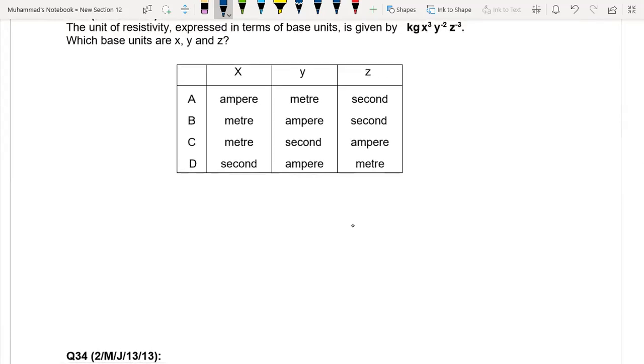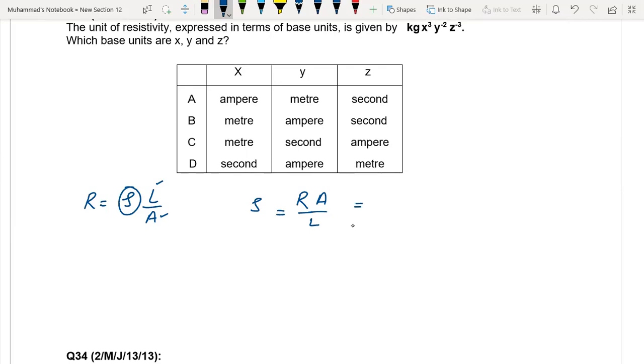You know that the expression for resistance is rho L over A. Resistance of a wire is directly proportional to its length and inversely proportional to its cross-sectional area, and this is resistivity. So we make this the subject of the formula, that is resistivity equals R A over L.